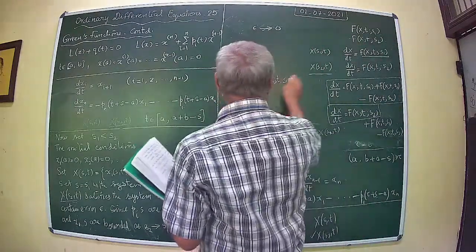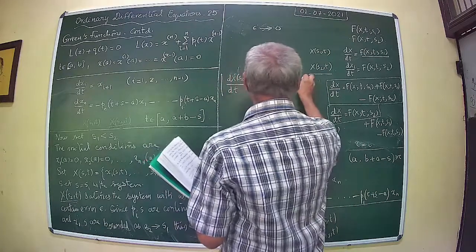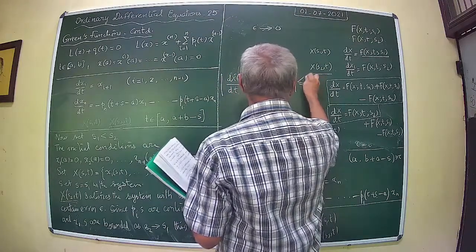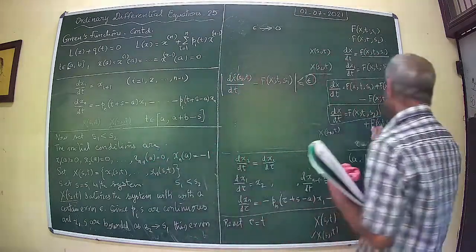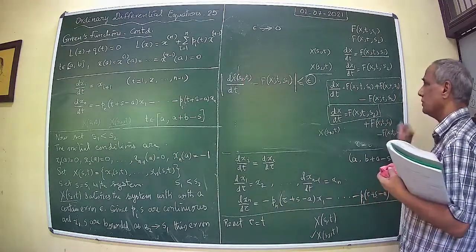So I can estimate this, and this error is less than or equal to epsilon. Where is this error coming from? The error comes from the difference of these two.